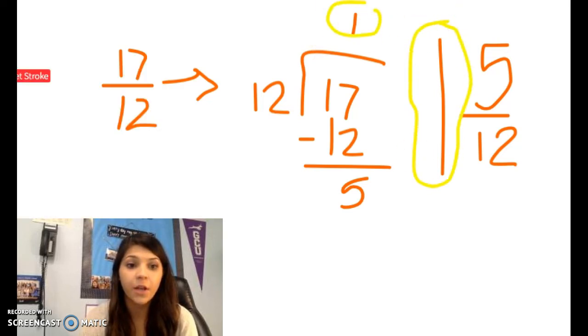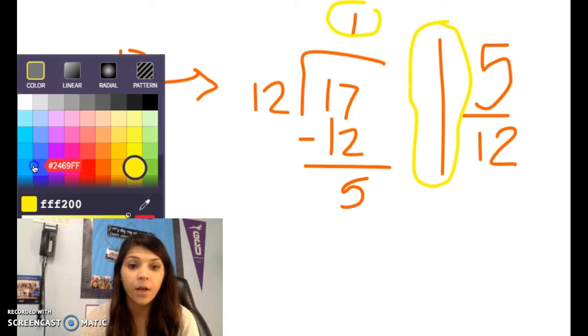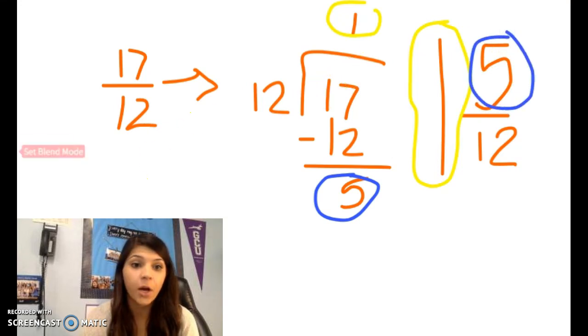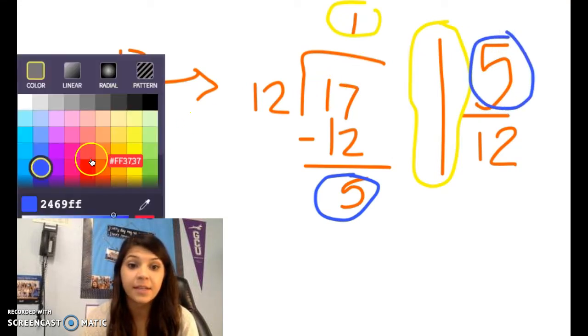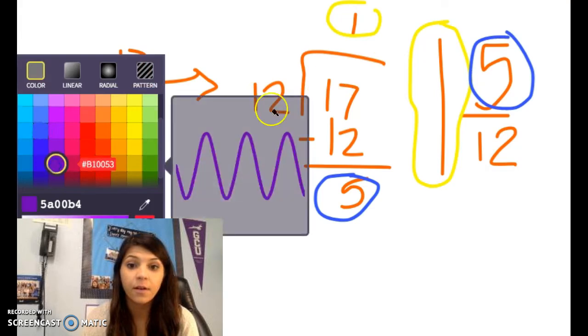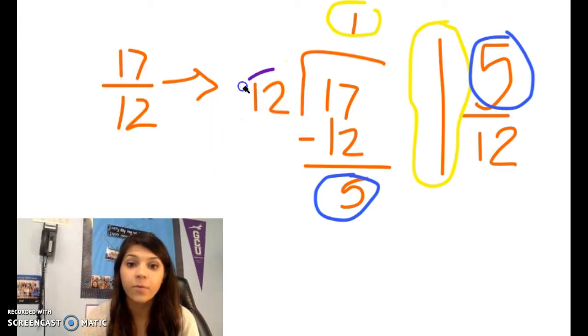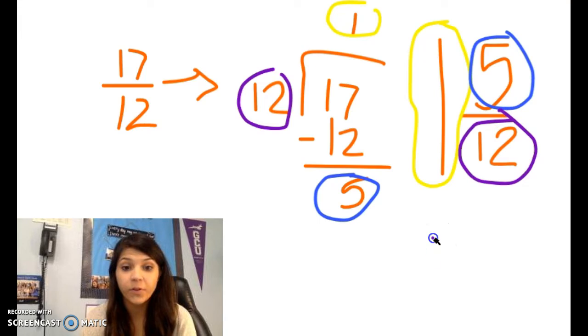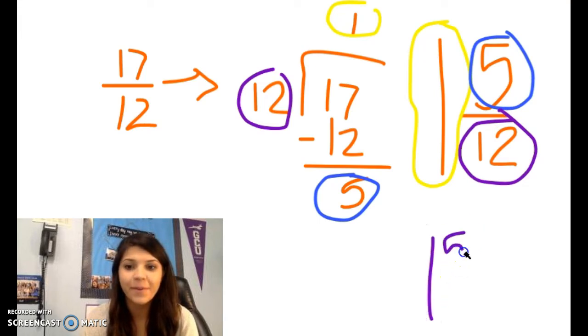The number on the bottom, otherwise known as the remainder, will be right here, 5, which will be my numerator now. And then my denominator will be the number that I was dividing by. So I have 12 right here and then 12 right there. So my whole new answer should be 1 and 5 twelfths.